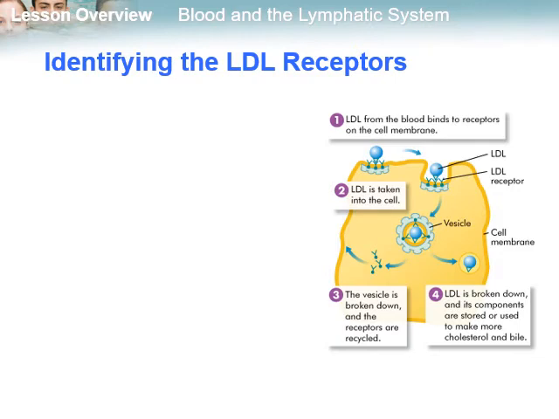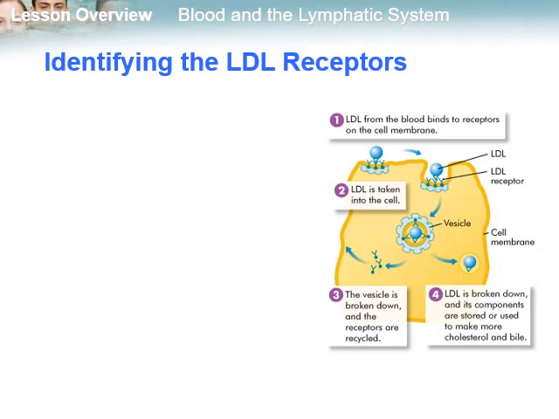They won because of their contribution in identifying the two types of LDL receptors on cell membranes. The two types of LDL receptors are normal LDL receptors and defective LDL receptors.